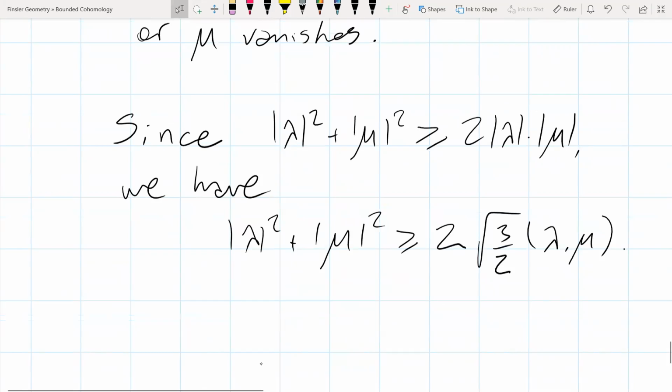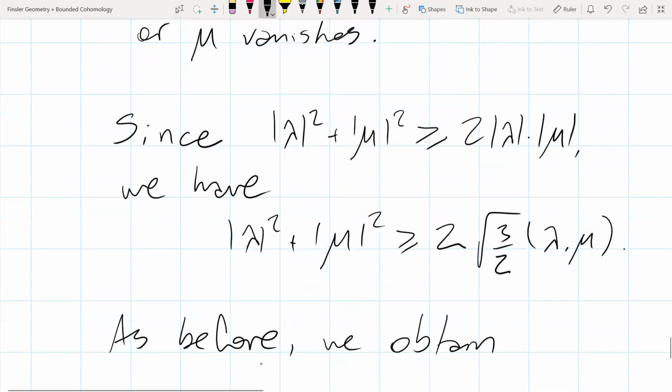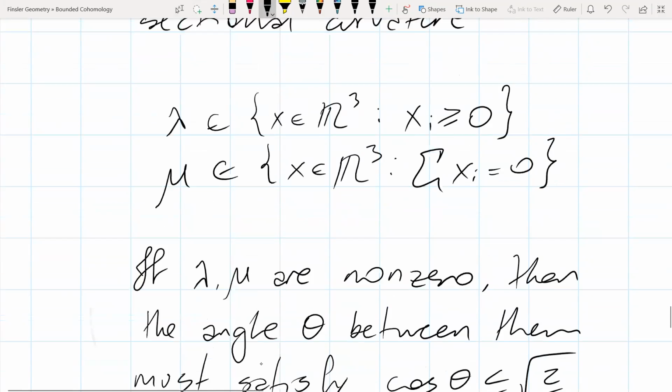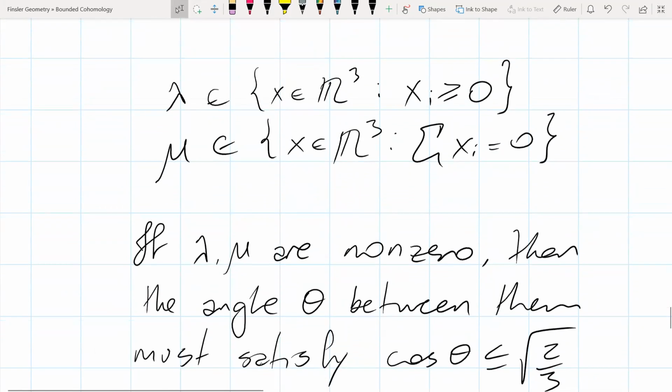So the same thing, integrating, you get the inequality. And similarly for the non-positive sectional curvature, because then the only difference is the region where lambda is, but it's just mirrored.